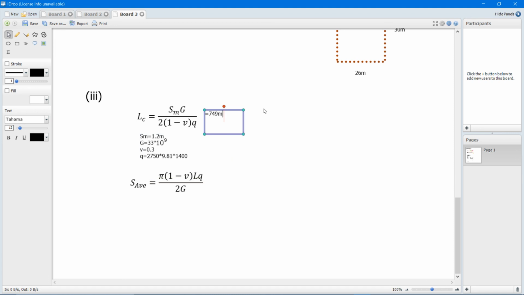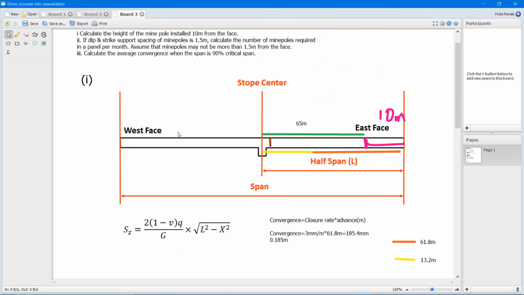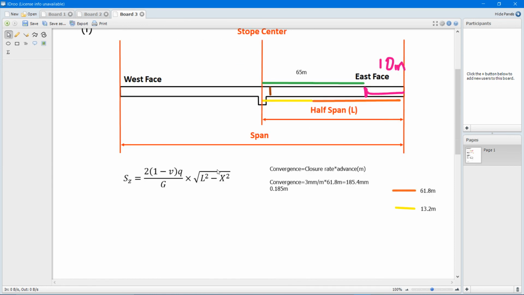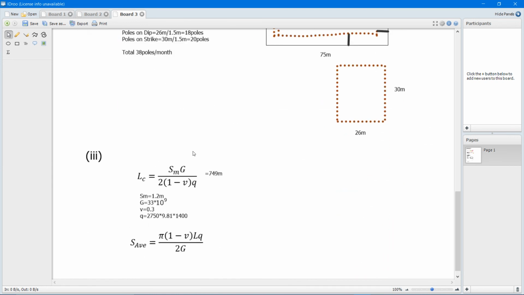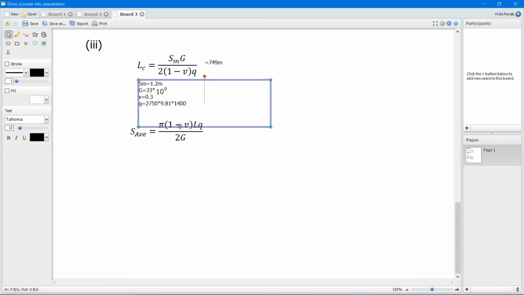That's where convergence has happened at the center of the stope completely. However, the question here has said when the span is 90% of the critical span. So the actual span would be 90% of the critical span.